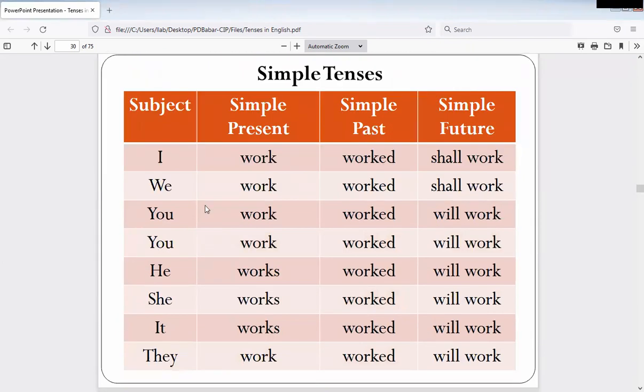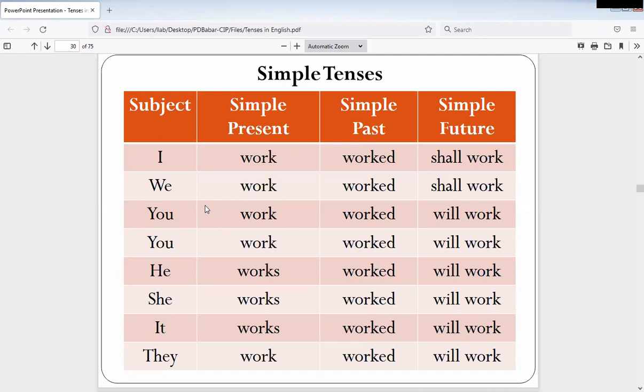So this is the chart of the simple tenses. Please write this chart in your notebook so that it will be helpful for you. This is the chart of the subject and the verb that we are using after that subject in simple present tense, in simple past tense, and in simple future tense.